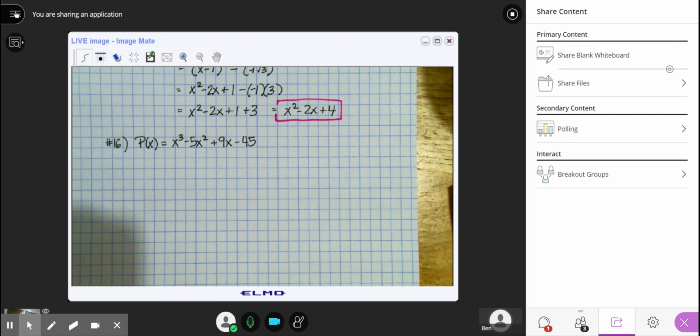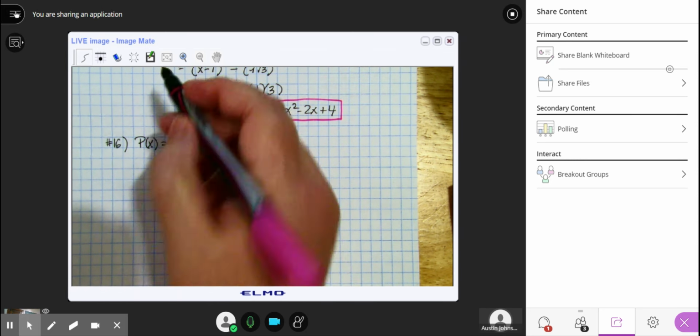You're being asked to factor it. So given that you've got an x cubed, what's your strategy for factoring? What was that, Austin?